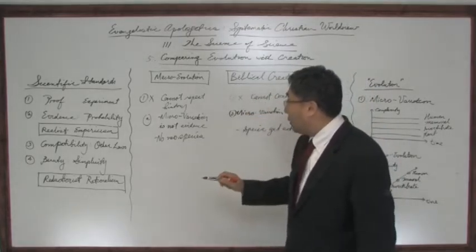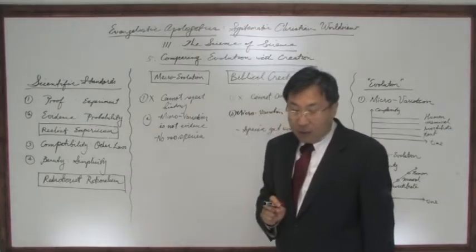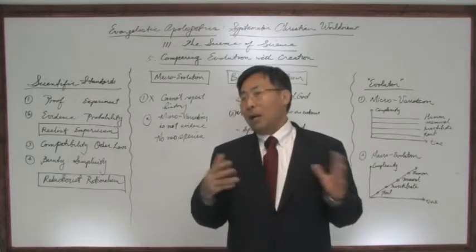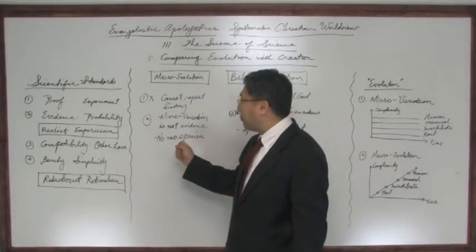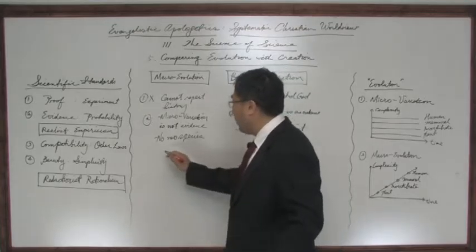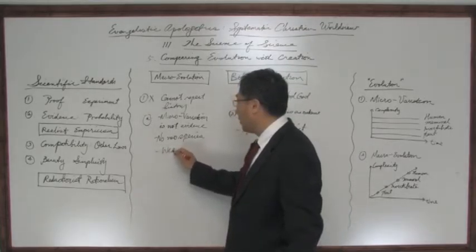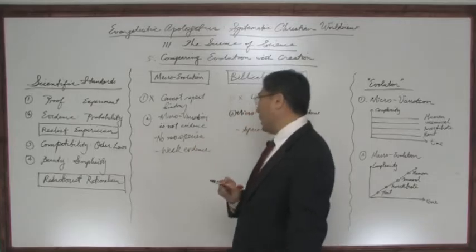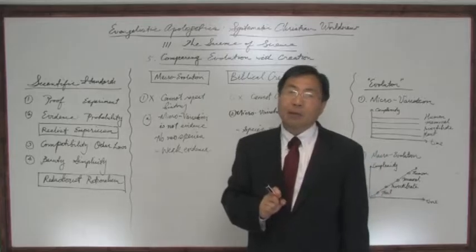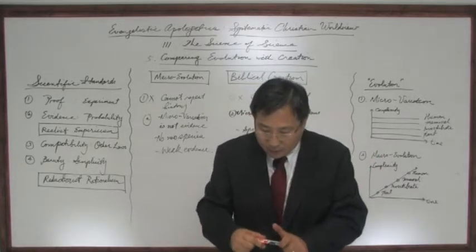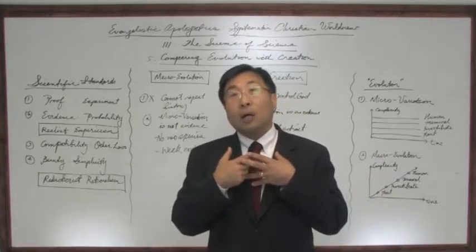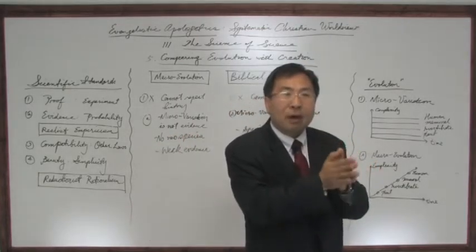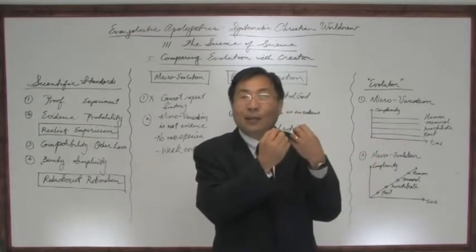So the evidence for macroevolution are weak evidences. Why do we say it's weak evidence? Well, because they are arriving at a conclusion from very scanty evidences.